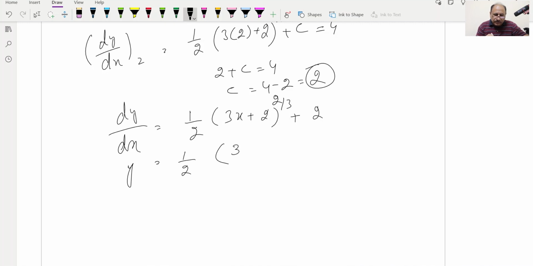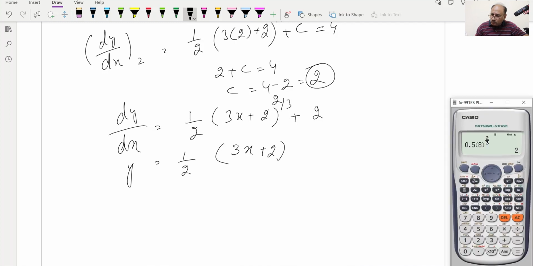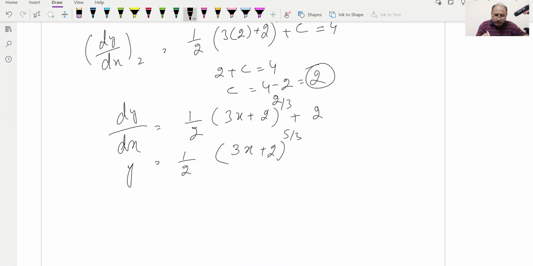This will be (3x plus 2) raised to the power 2 by 3 plus 1, so 2 over 3 plus 1 will be equal to 5 by 3, so the power will be 5 by 3 divided by the power, which is 5 by 3, into the derivative of 3x, which will be 3, plus the integral of 2 will be 2x, plus an integral constant we can take d.